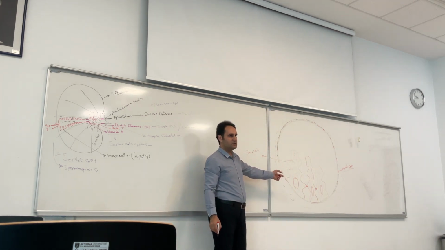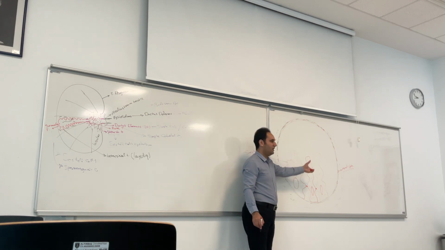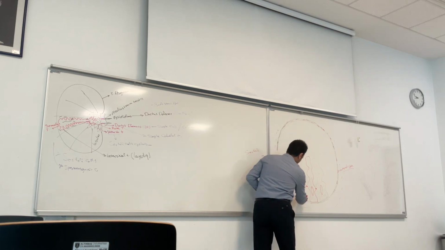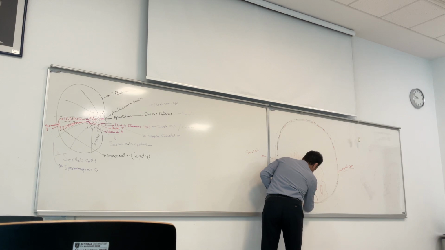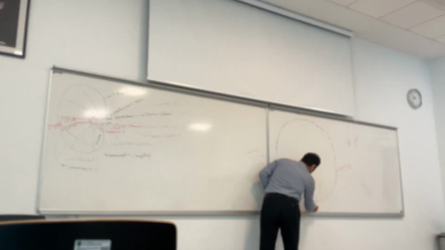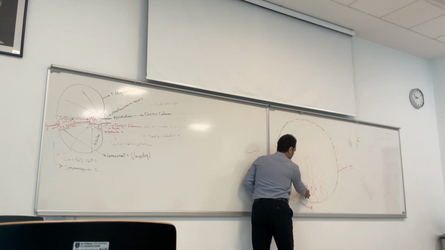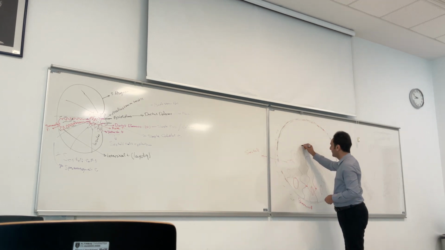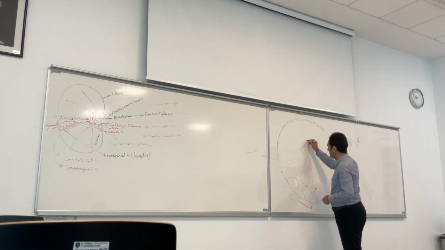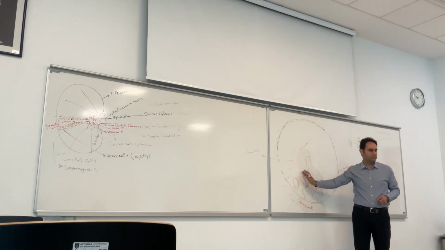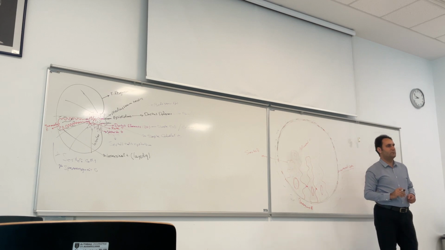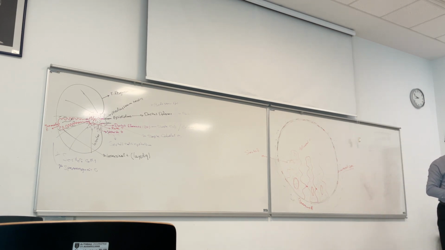With these connections, the inner side of the seminiferous tubule is divided into two compartments: the basement compartment here and the abluminal compartment, which is this. This connection between the Sertoli cells forms the blood-testis barrier.